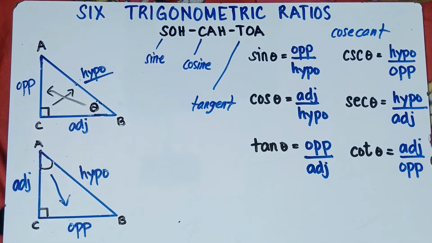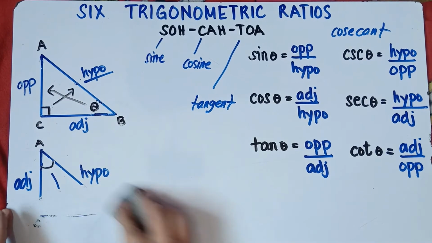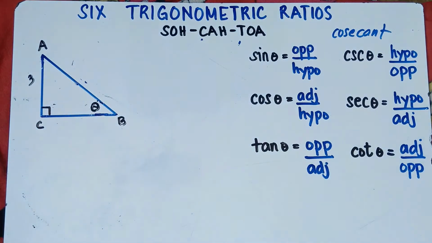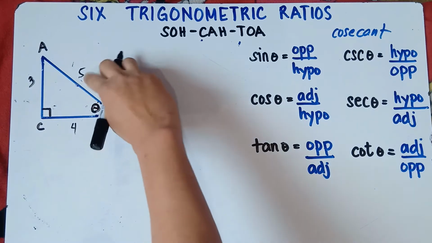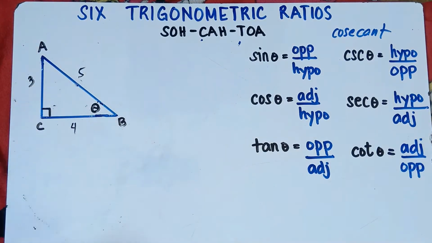So let's give an example, class, for you to understand the 6 trigonometric ratios. What if this is 3? This is 3, this is 4, and this is 5. And the teacher will ask you to find the 6 trigonometric ratios in this given right triangle. Let's start with sine.